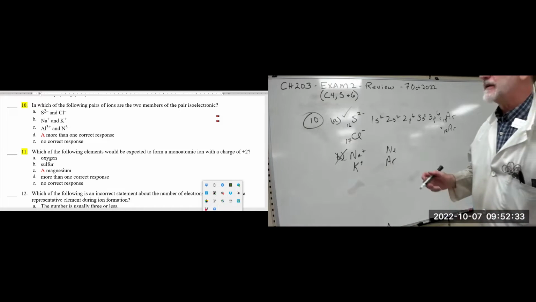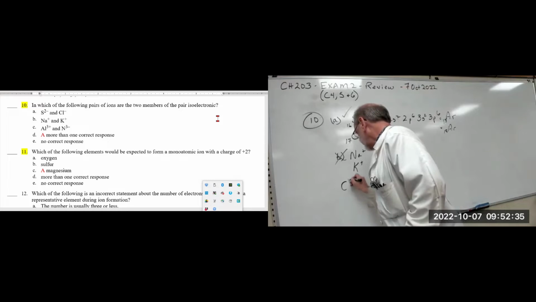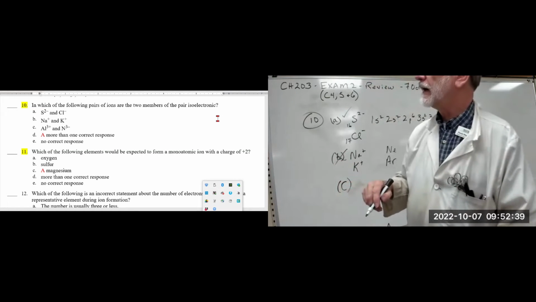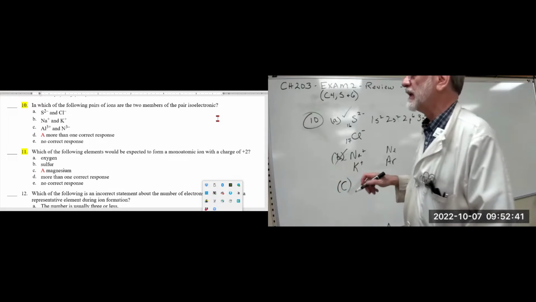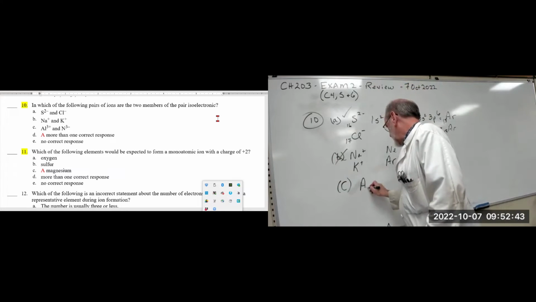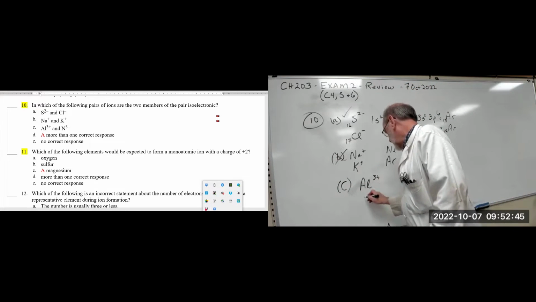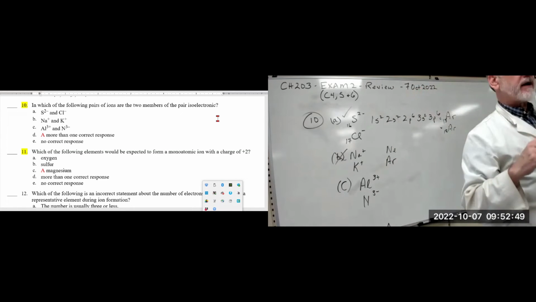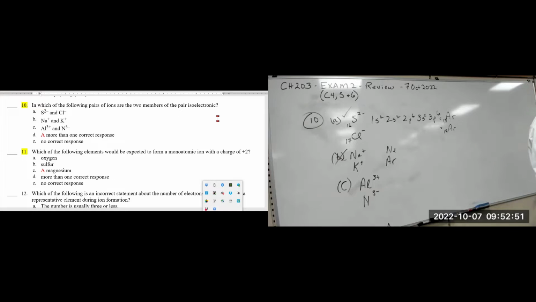How about C? Aluminum and nitrogen. Al3 plus and nitrogen 3 minus. So with aluminum, you want to work backwards because you're losing electrons, right? Aluminum, lose 1, magnesium, sodium, and then neon.